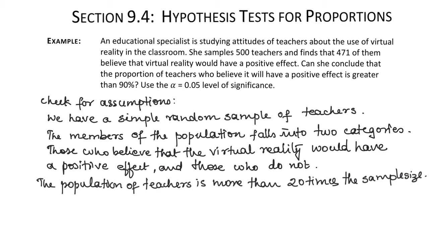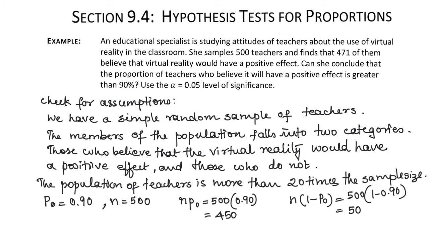Here the sample size is 500, so the population of teachers will definitely be 20 times more than the sample size. The population proportion specified by the null hypothesis is 90%, in decimal that is 0.90. Now calculate n p0 and n times 1 minus p0, both are greater than 10. So the assumptions are satisfied.